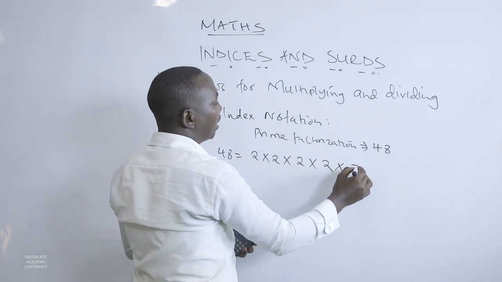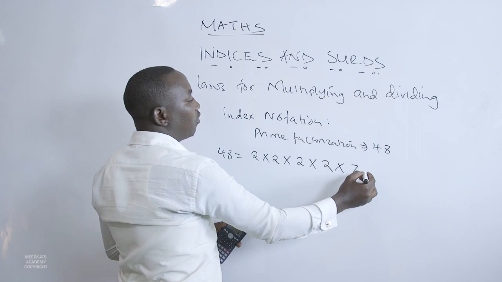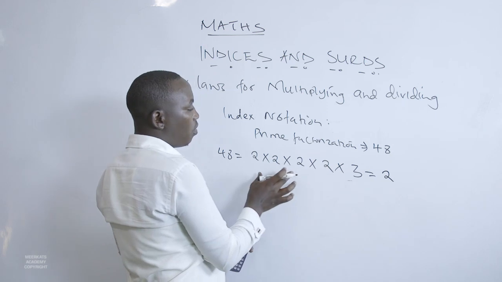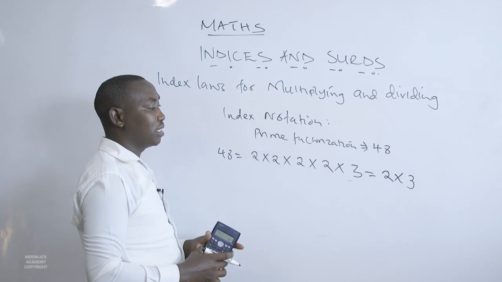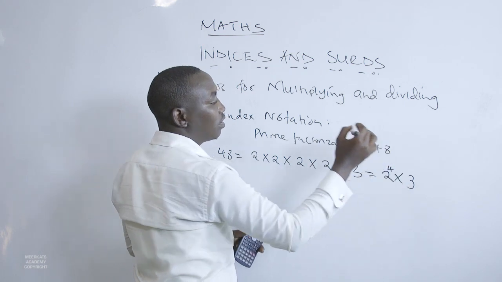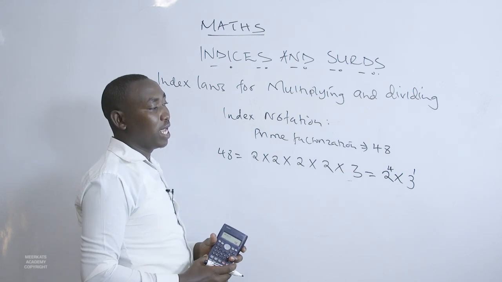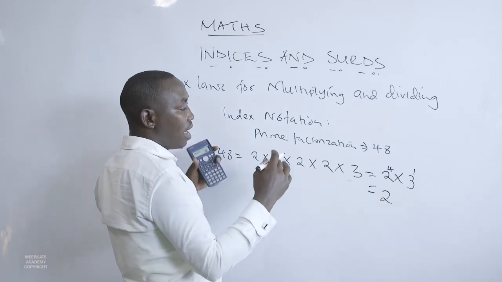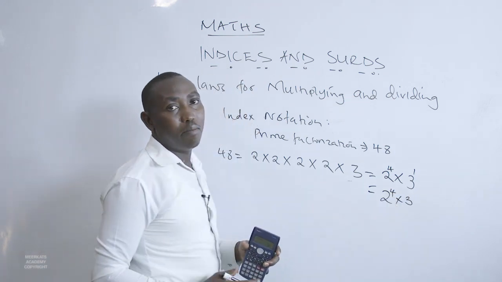Then we multiply that by 3 to give us 48. So in index form, we have 2, which is the factor, multiplied by 3, which is another factor or base. Then we have 2 repeated 4 times, so we raise 2 to 4. 3 has not been repeated, so we just have 1. So written in index form, the prime factorization of 48 shall be 2 raised to 4 multiplied by 3.